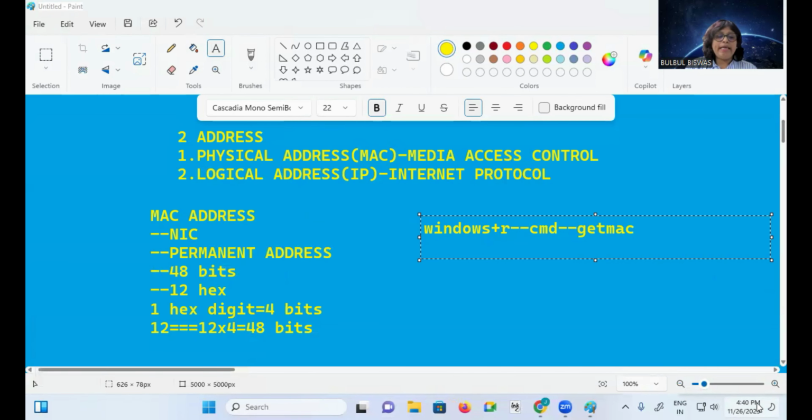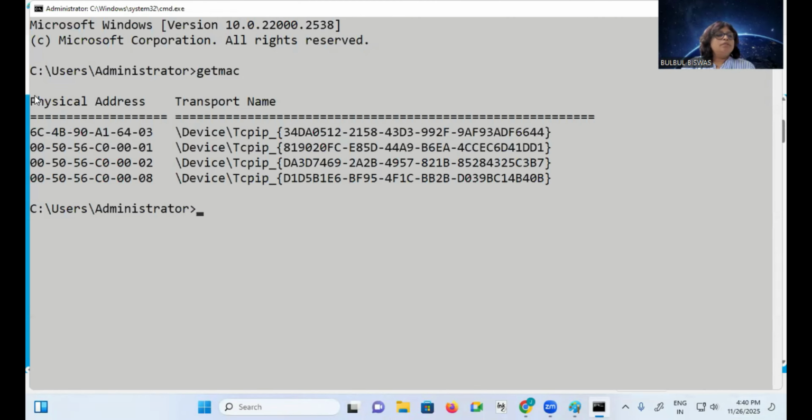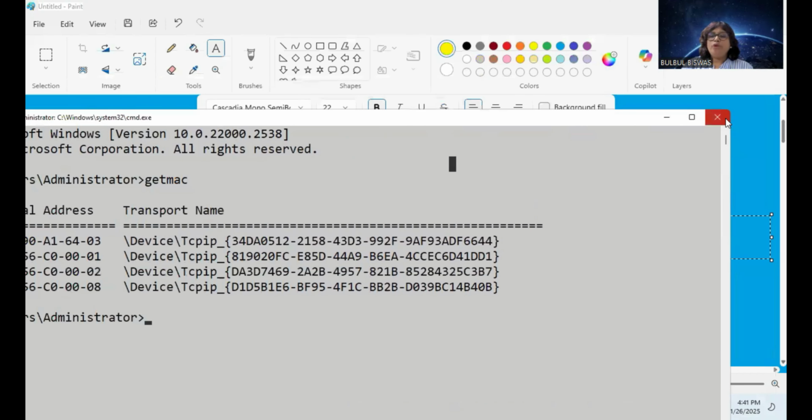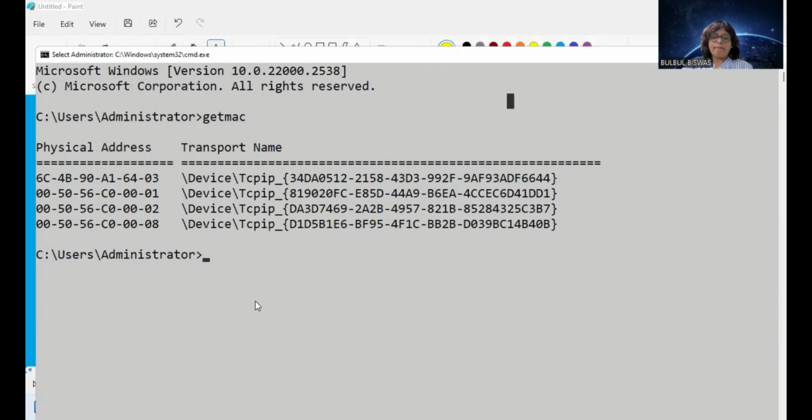I'm going to the CMD and here I am typing the command getmac. When I type this command, you can see this is my physical address. And you see these are all hexadecimal digits. If you count, you can see exactly 12 hexadecimal digits are there. Is it clear, everyone? So we can see this MAC address by using the getmac command.